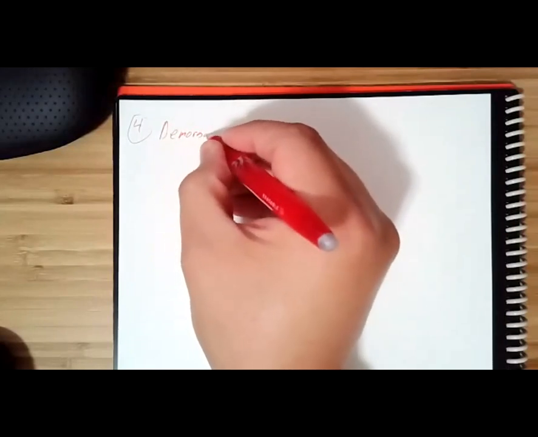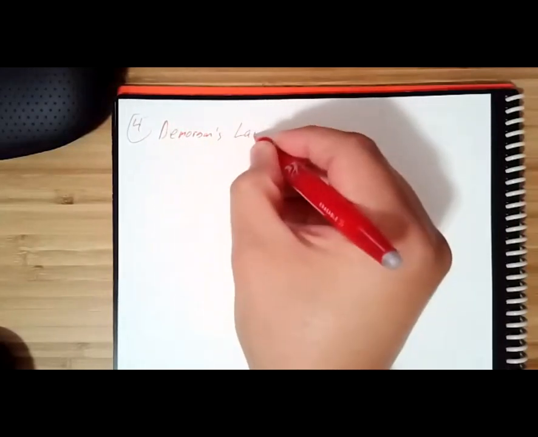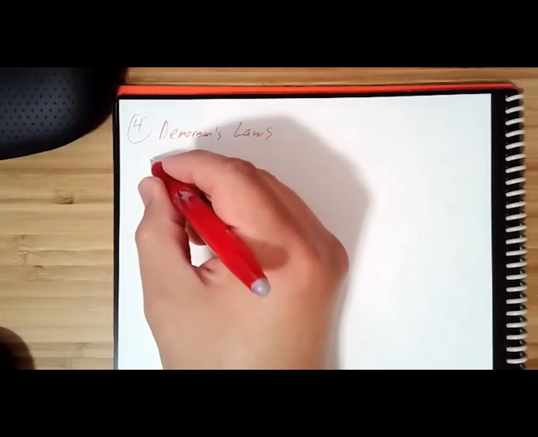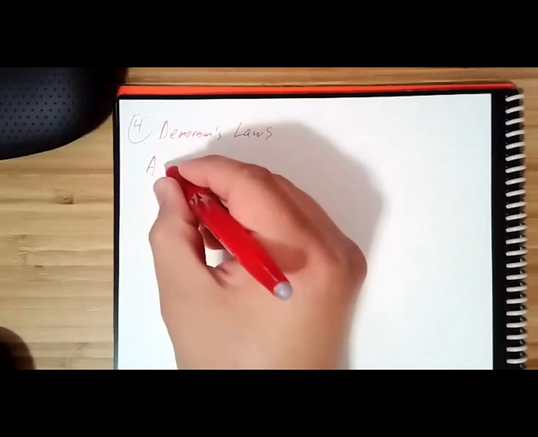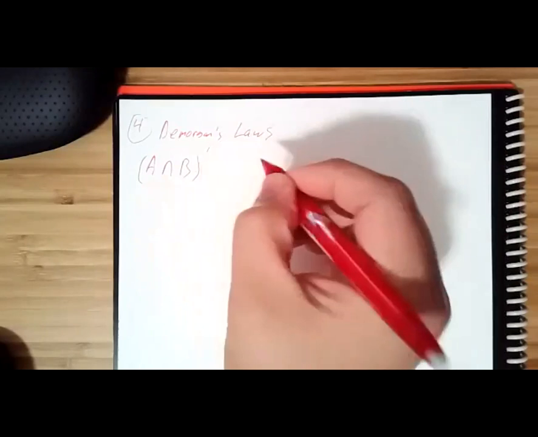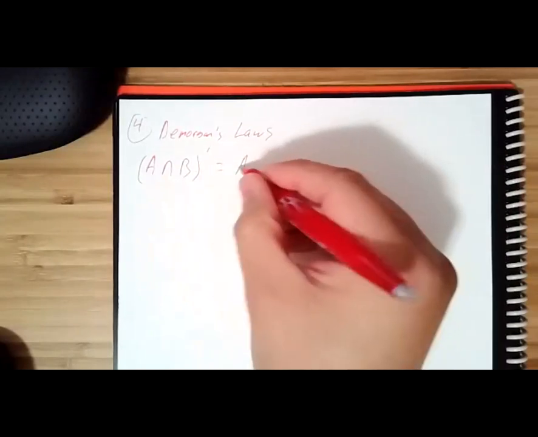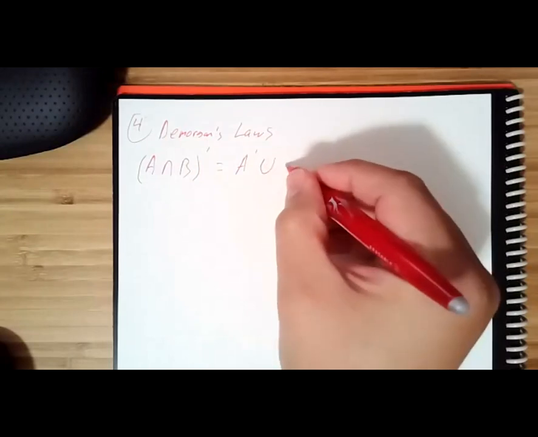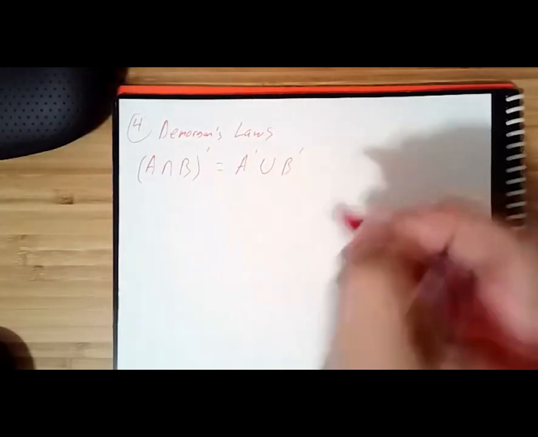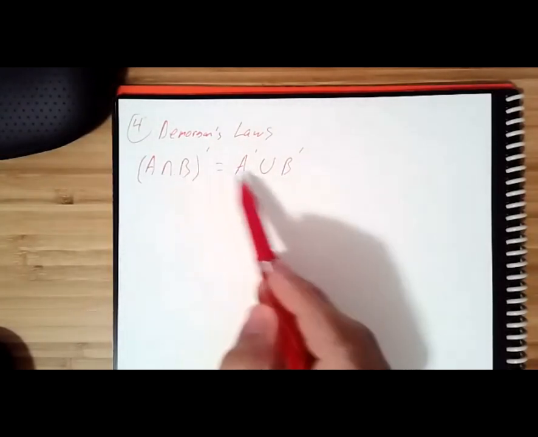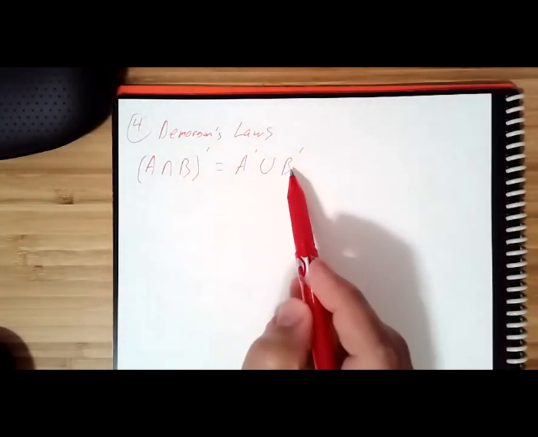I believe it's called De Morgan's laws. So basically, if you have A intersect B and you do a complement, you switch them all. You put complement on both of these parts, but you switch the symbol to the opposite. So the complement of A intersect B is A complement union B complement.